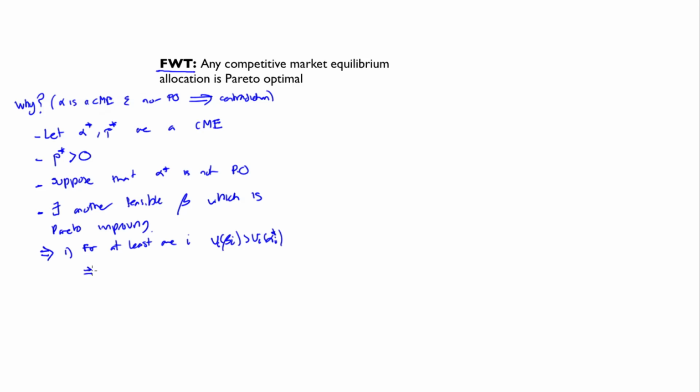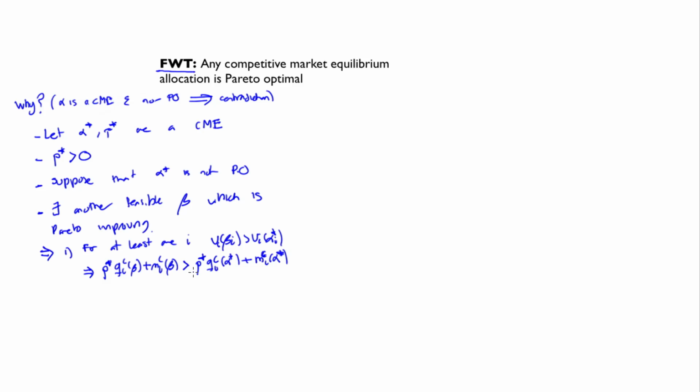But this also implies, and this is a critical step, that P star QCI of what he gets at the new allocation plus MCI of what he gets at the new allocation, notice that this is just the cost of what he gets at the new allocation beta, has to be greater than P star QCI of alpha star plus MCI of alpha star. Notice that this term on the right is the cost of buying the bundle Q and M that he consumes at the equilibrium allocation.